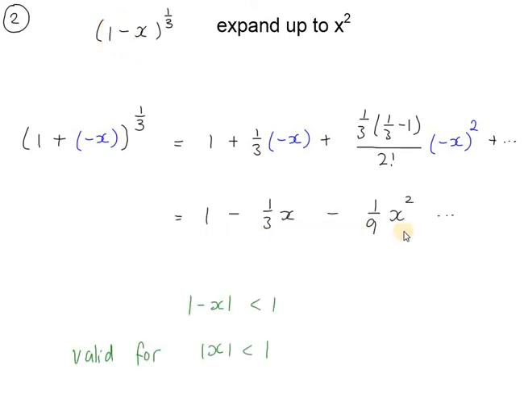So my simplified terms, and the expansion is valid for my x term, which is minus x, so to be less than 1, so its modulus, or its magnitude, must be less than 1, which basically simplifies to this. The long version of this is here.